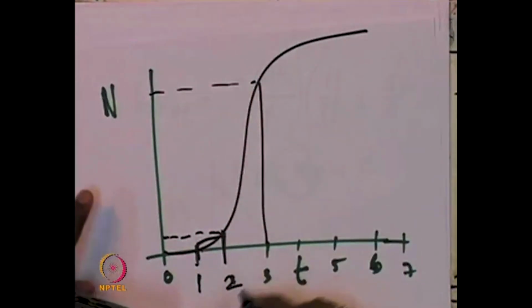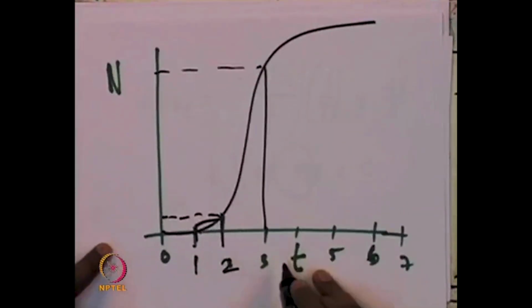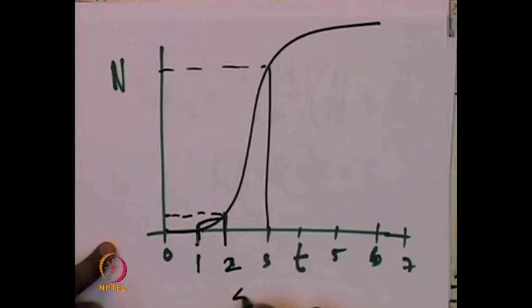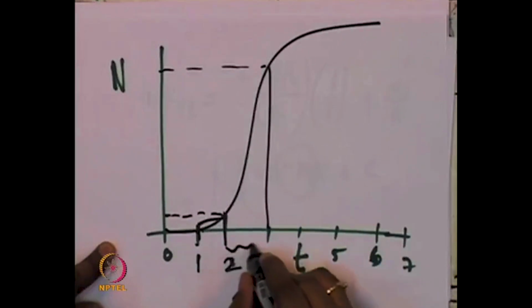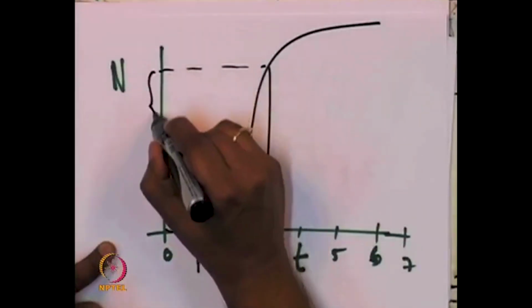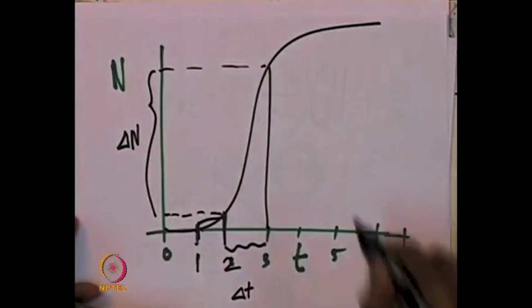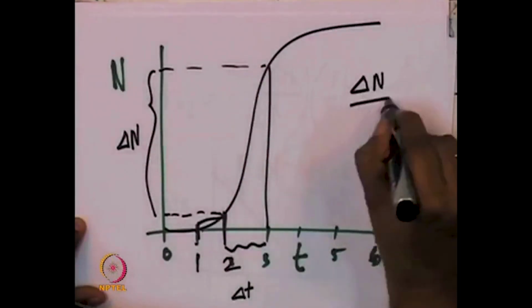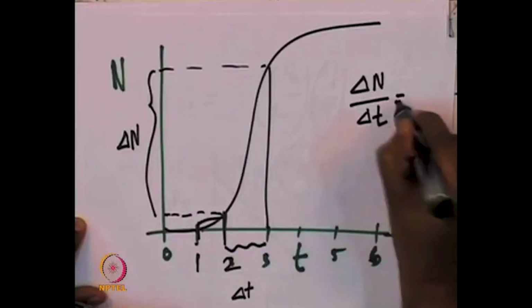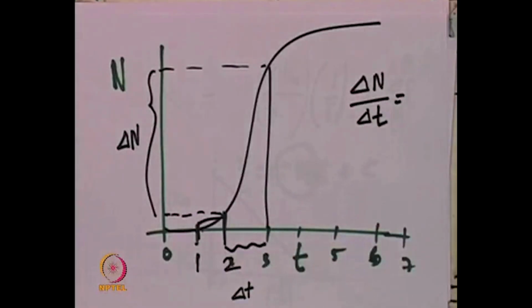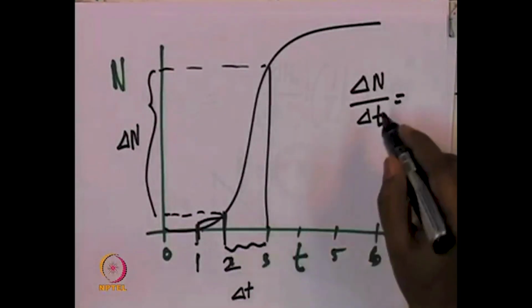So, if you call this change in time delta t, that is this delta t, and this is delta n, the change in number, delta n by delta t is basically the yield. So, this is basically the derivative.